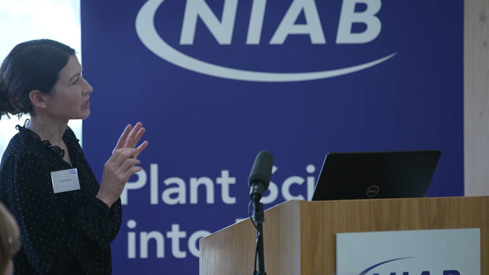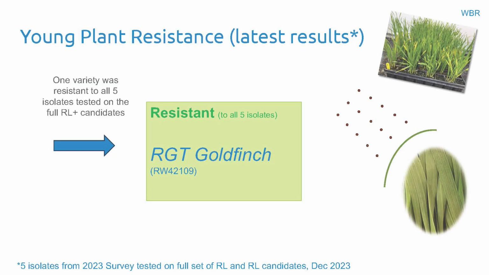And it's RGT Goldfinch, which is one of our candidate varieties for this year. It was really interesting to see that Goldfinch didn't have any pustules, no brownness whatsoever. And I was very pleased with these tests. They all worked well. Goldfinch did really well.